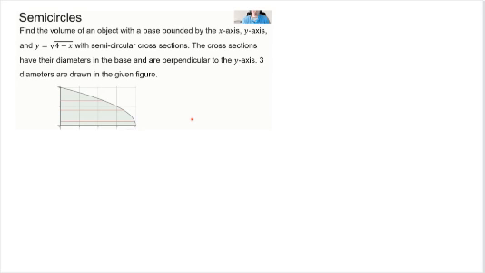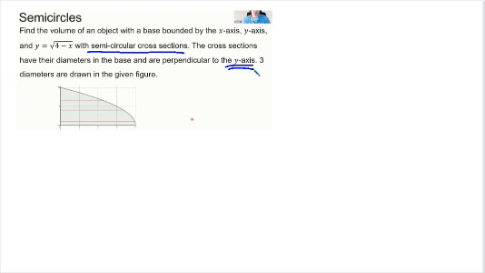Find the volume of an object with a base bounded by the x-axis, y-axis, and y equals the square root of 4 minus x with semicircular cross sections. The cross sections have their diameters in the base and are perpendicular to the y-axis.